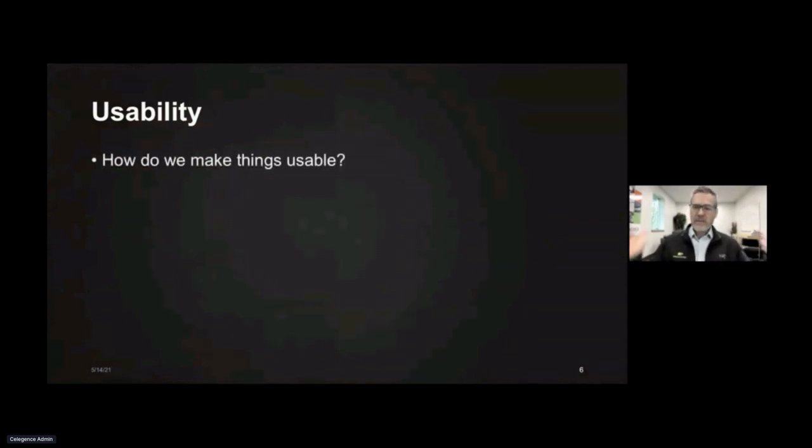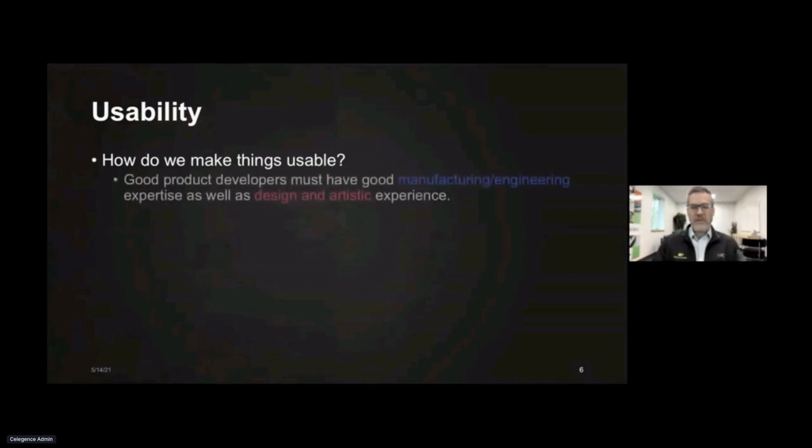So when we go down this path, we start to ask ourselves, well, how do we make things usable? What do we do to make things usable? The one thing we have to realize is that good product developers who are going to succeed down this usability path must have a couple of things. You must have good manufacturing and engineering expertise, as well as design and artistic experience. That's that Leonardo da Vinci thing, but it spans into manufacturing and real-world technologies, and this user-centered design, leading into usability thinking in essence.